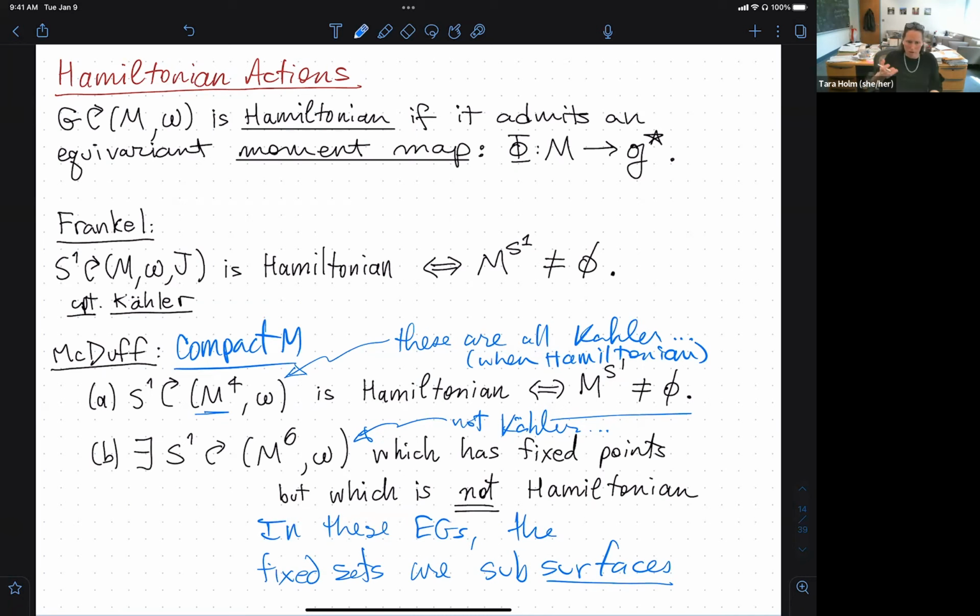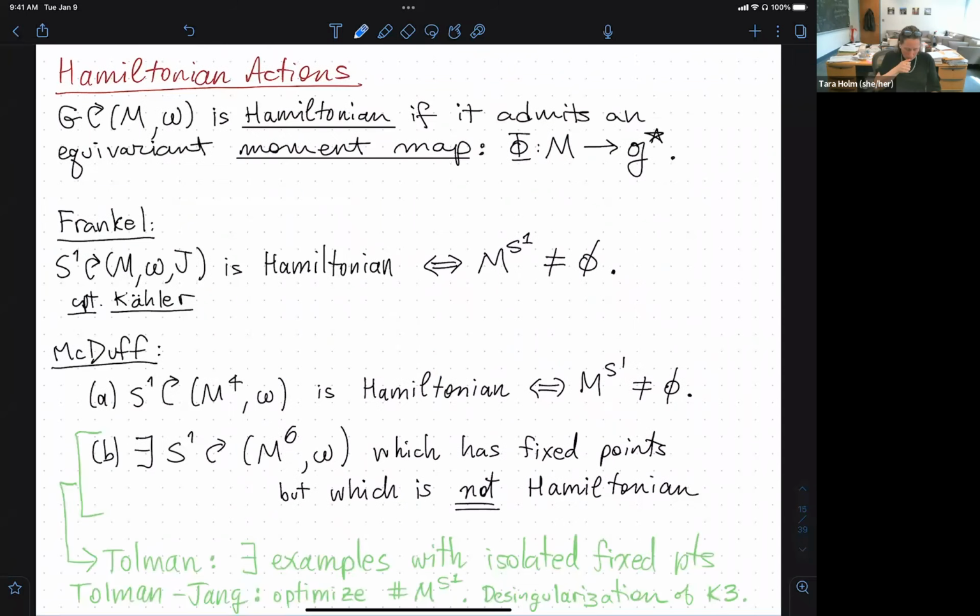And so a natural question is, well, can you even do better? Can you make the fixed points isolated? Tolman did provide examples of six-manifolds with symplectic actions but only isolated fixed points. And Sue Tolman and her student Zhang have done further work to optimize the number of fixed points.